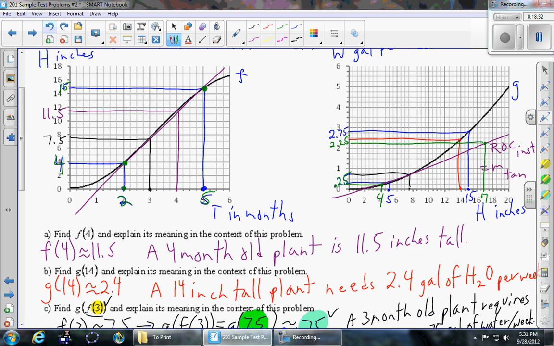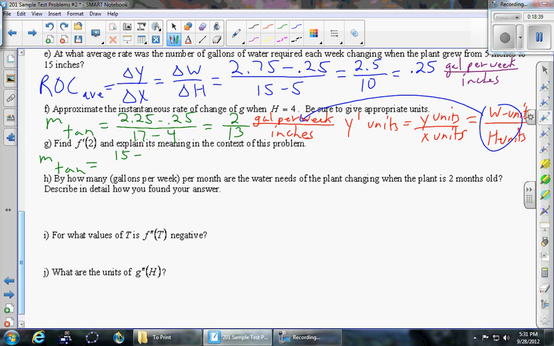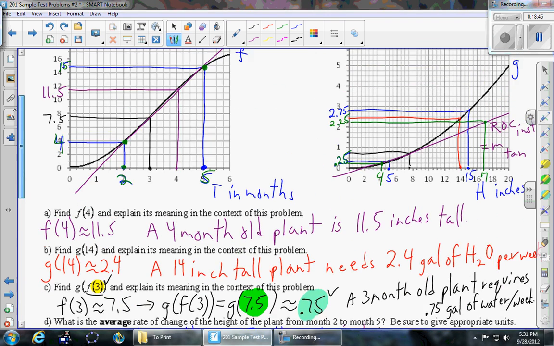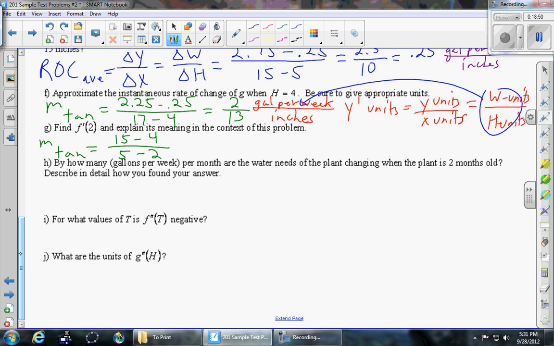So let's grab those numbers. Change in y over change in x. 15 minus 4, 5 minus 2. I need to double check. Okay, I think that's right. So we get 11 over 3.